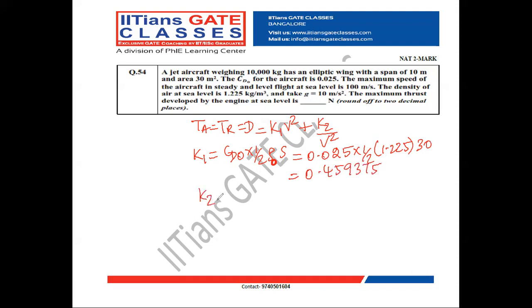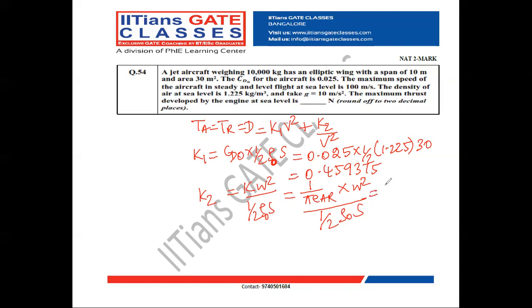Now k2 is nothing but K W square by half rho s, where K is nothing but 1 by pi E AR, into W square divided by half into rho naught s, because we have to take sea level density.